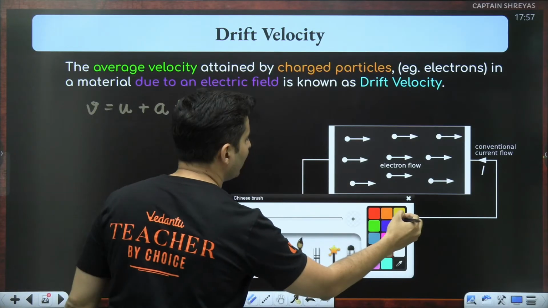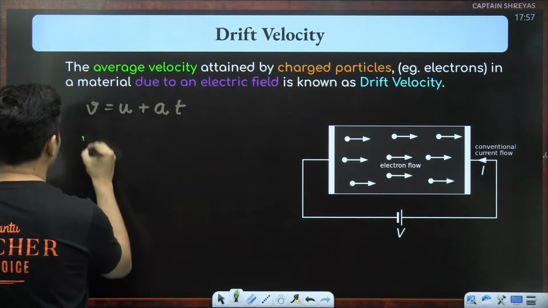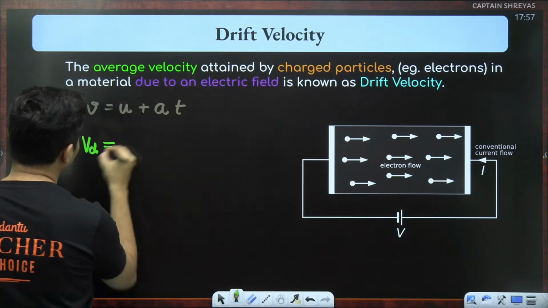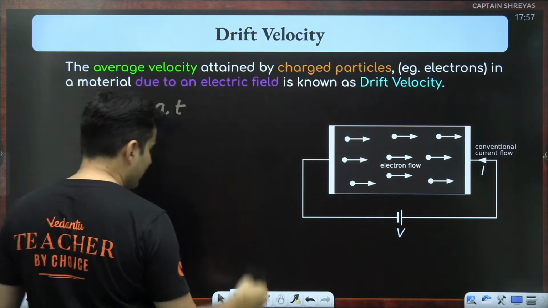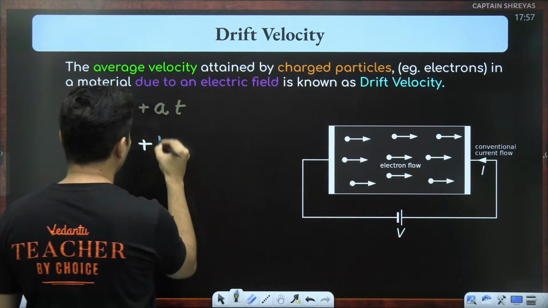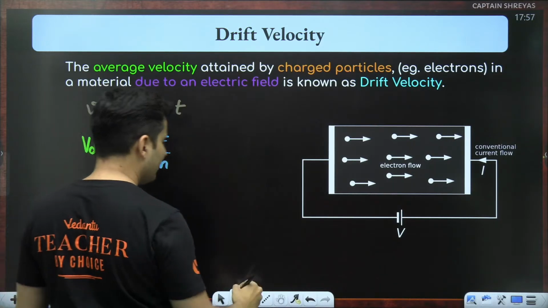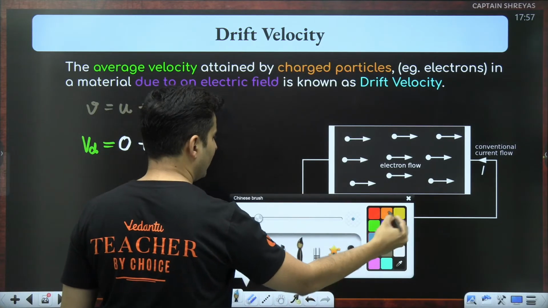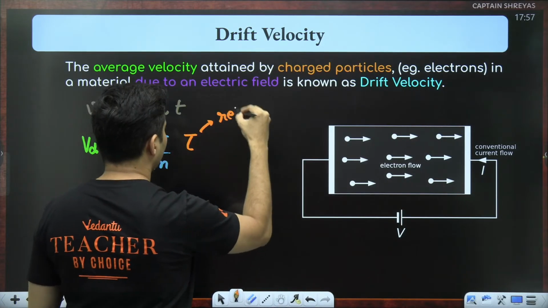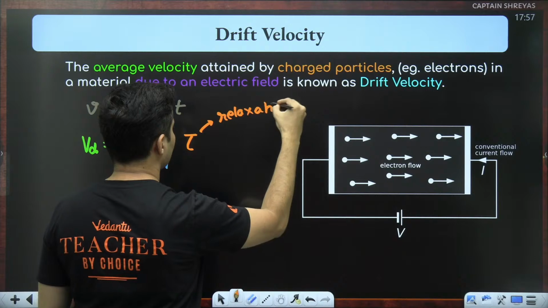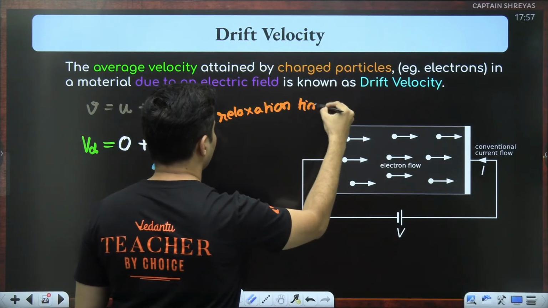And that's why you get the formula over here as it is. Vd is equal to initial velocity, which will be a big fat 0, plus acceleration, which is nothing but force divided by mass, times this time that you see over here, which I will put as tau. This is called your relaxation time.